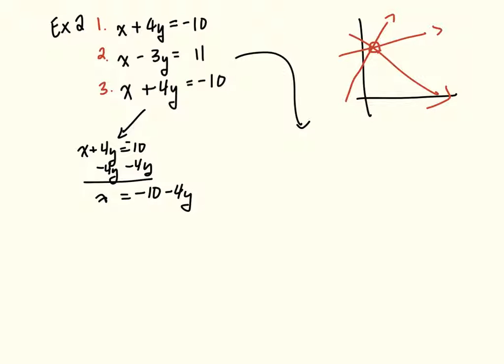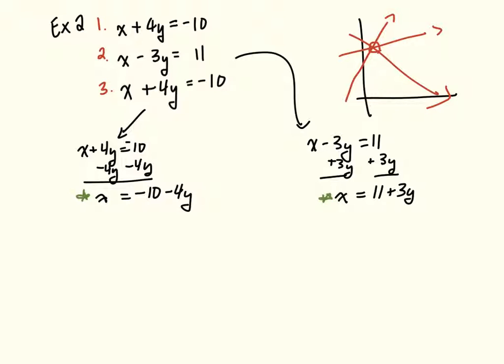My second equation started off as x minus 3y equals 11. But if I add 3y to both sides, then I wind up getting x equals 11 plus 3y. Now at this point in the problem, I have x equal to something, and x equal to something.